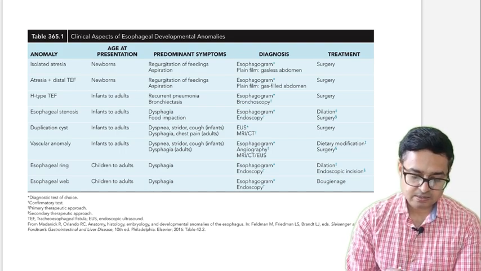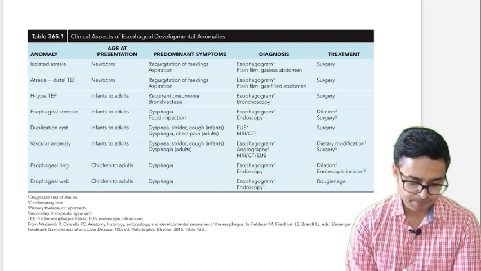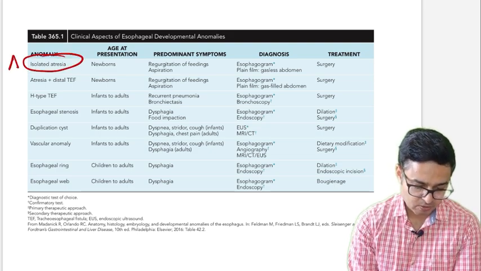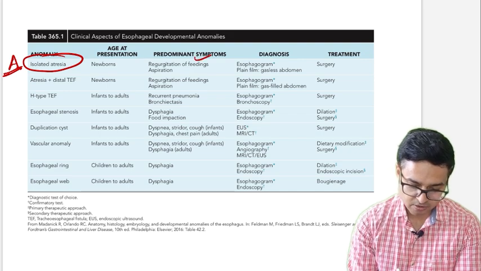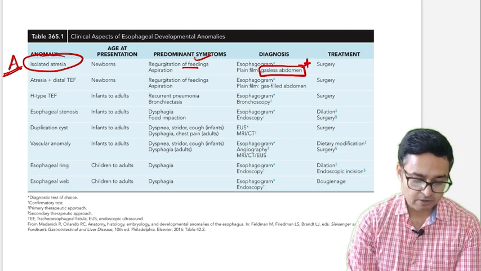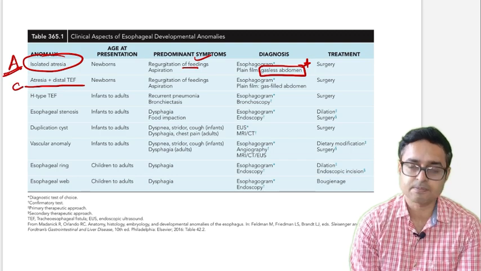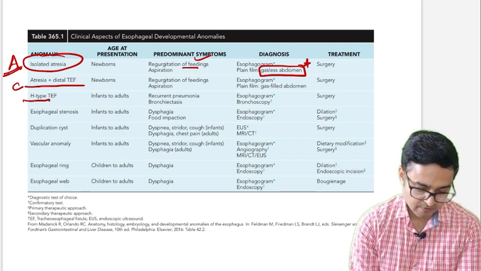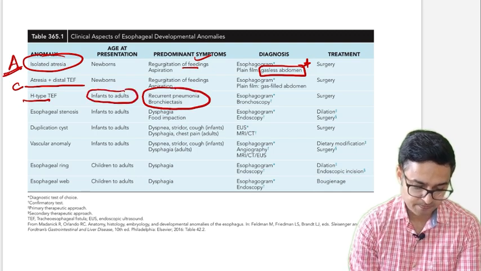This is an important slide. We will discuss esophageal atresia and some other anomalies in tabular form. Isolated atresia, as we know, is type A esophageal atresia, where regurgitation of feeding and a gasless abdomen are important findings. Atresia with distal TEF is type C. This is our classical case. H-type fistula causes recurrent pneumonia and bronchiectasis, and presents later, from infancy to adulthood.